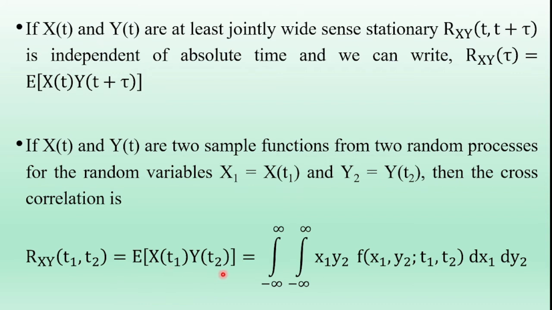So this is the already defined definition of the cross correlation function. The two random variables are x1 and y2, and it is the double integral of x1 y2 f(x1, y2; t1, t2) dx1 dy2.